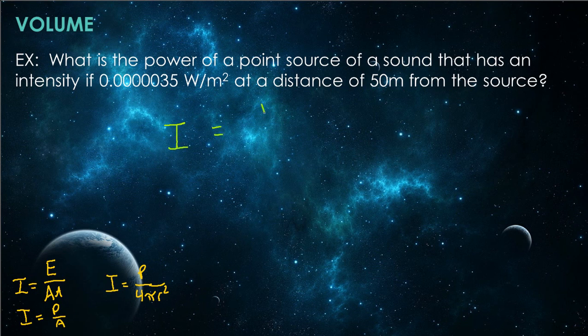So we have I equals P over 4 pi r squared. Now, this is a sphere right here at the bottom, the formula for a sphere. So we're accounting for the surface area of a sphere. We are accounting for r being our distance from the source.